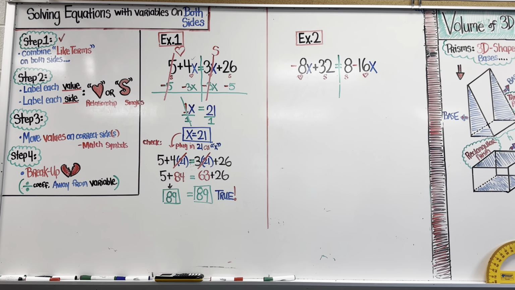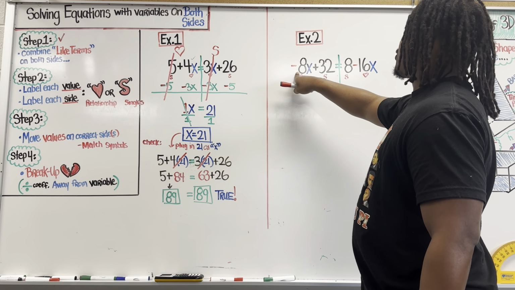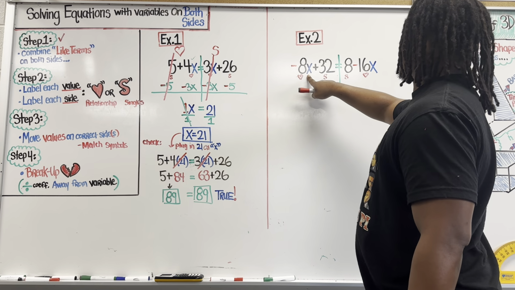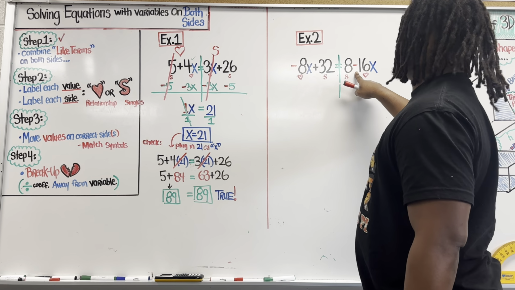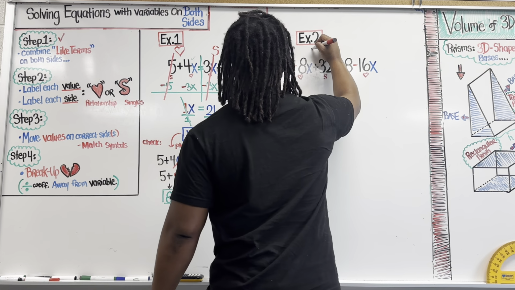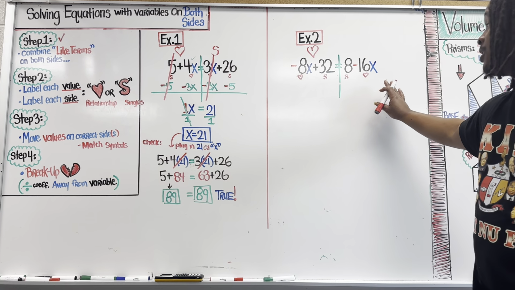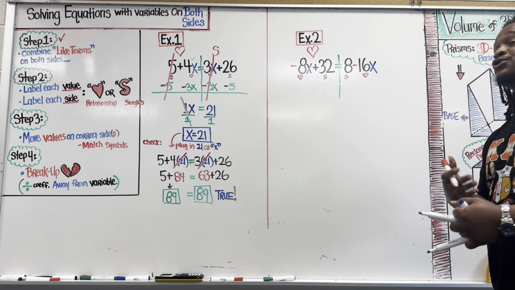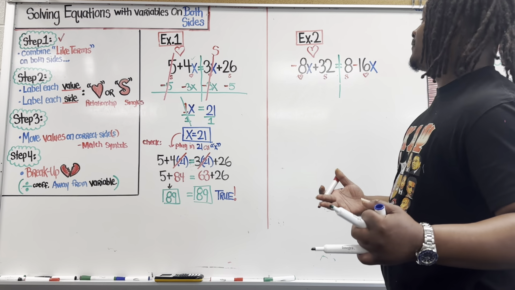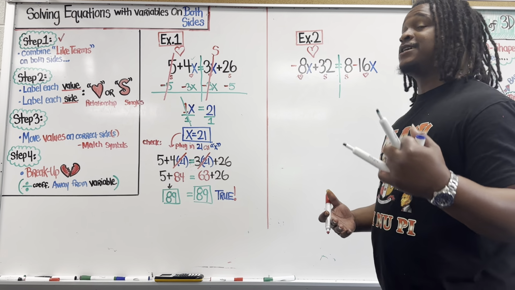Now we're going to label each side. Remember, always pick the higher coefficient that's attached to x or in a relationship with x. Negative 8 is actually greater than negative 16, so I'm going to label this side as the relationship side. It could have been this side too, but you would have been dealing with a lot of negative numbers as you do your operations. If you're cool with negative numbers, then it doesn't matter which side you label as your relationship side and your single side.